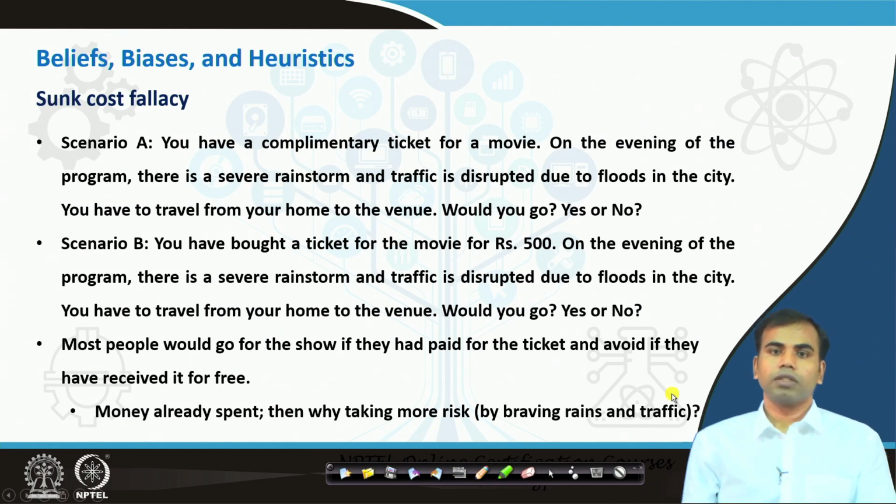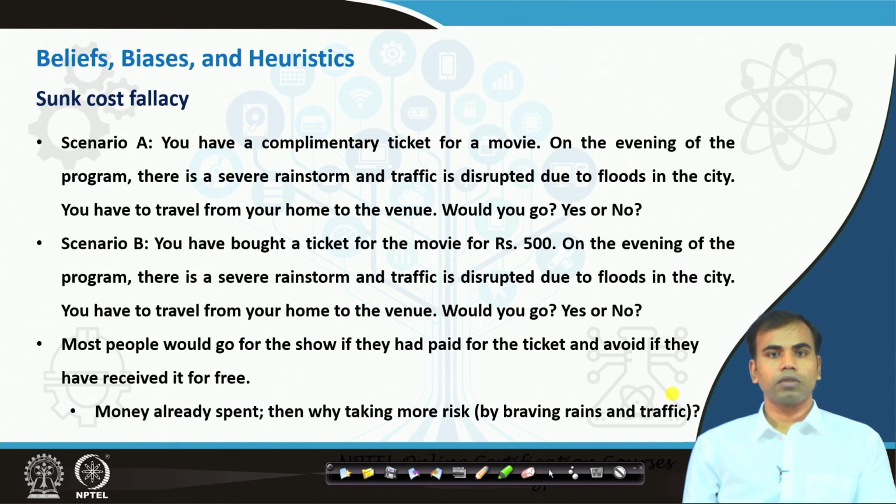Let me begin by posing a situation before you. Suppose you have got a complimentary ticket for a movie in situation 1, and just before the program starts in the evening, there is a severe rainstorm and floods affecting the traffic in the city, and you probably would not like to go for the movie.